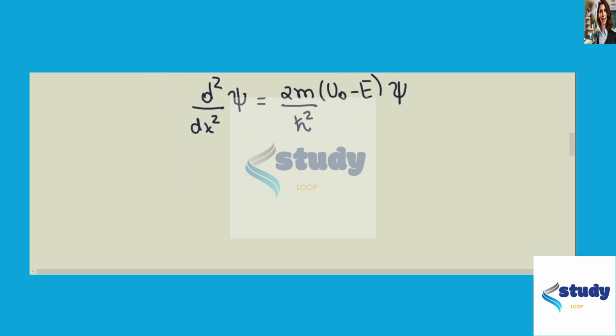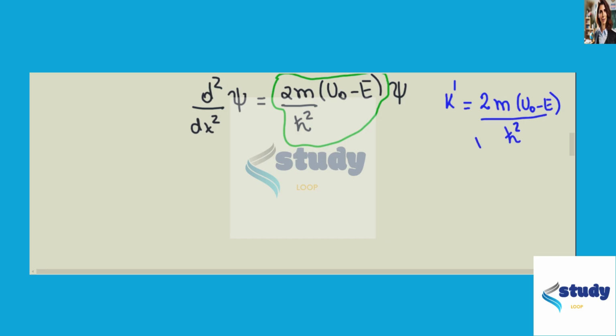And I'm going to write this equation as, notice that this whole term here is positive because U0 is greater than E. I'm going to call it k prime. So k prime is equal to the square root of 2m times U0 minus E divided by h bar squared.